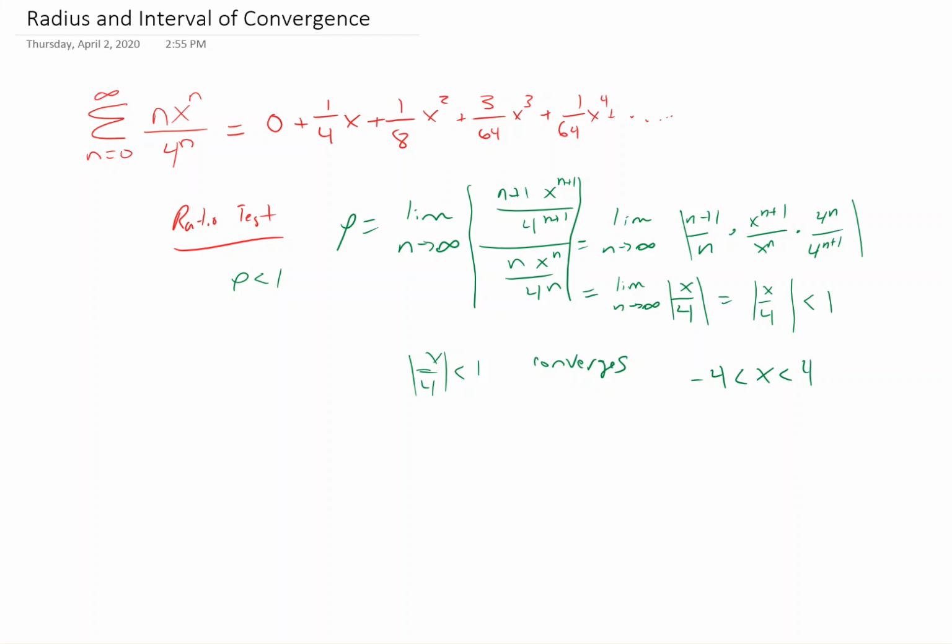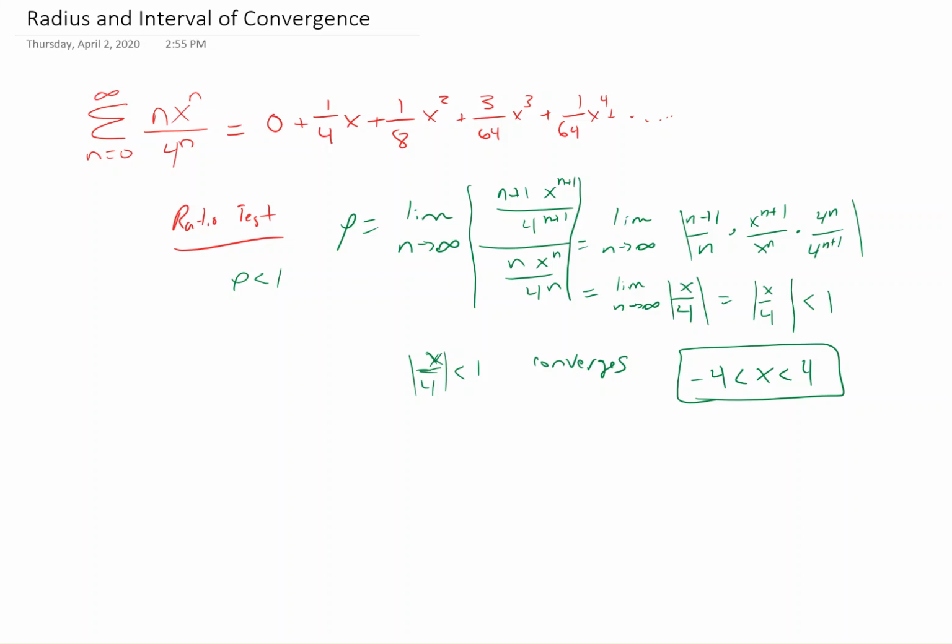That's just an absolute value equation, right, folks? That's algebra 2, maybe algebra 1. So that means this here is our interval of convergence. It's not a complete interval of convergence because we have some more work to do, but from -4 to 4 is the interval that we know, anything in between there is going to converge.